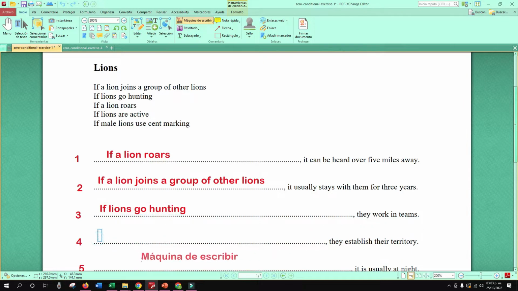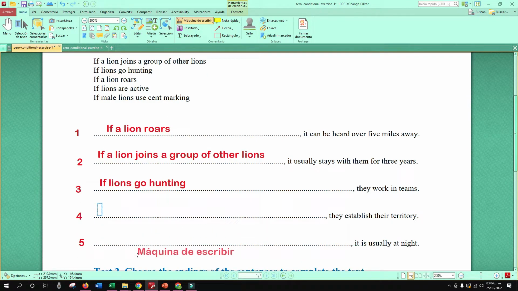What about number 4, Mr. Davy? If lions are a team, they establish their territory. I guess that's different. So, ¿cómo podría un león establecer su territorio, chicos?